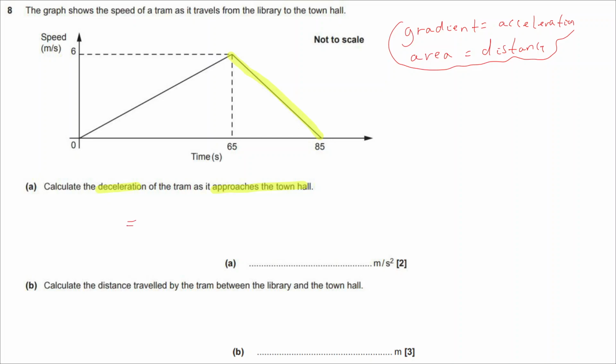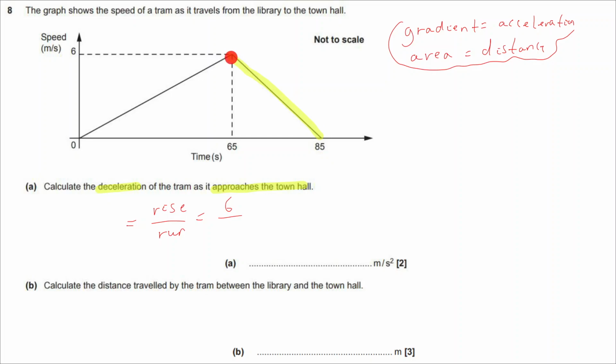Now, to get the deceleration, which is the gradient, that's going to be equal to the rise over the run, put in a really simple way. The rise here is up by 6, so how tall it is, 6. For the run, I should choose a point and choose another point.